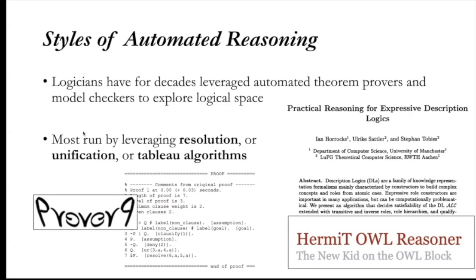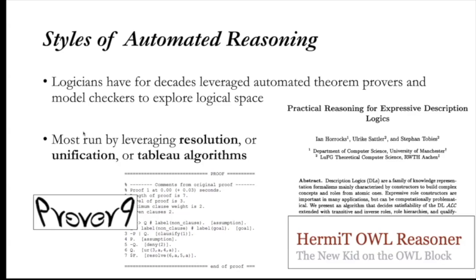It's a first order logic prover, so it draws out inferences for much more expressive sets of axioms than DL allows. And here's an example of a proof for, I forget what it is, modus tollens or something. They often run by using resolution algorithms or unification or Tableau algorithms, basically proof by contradiction.